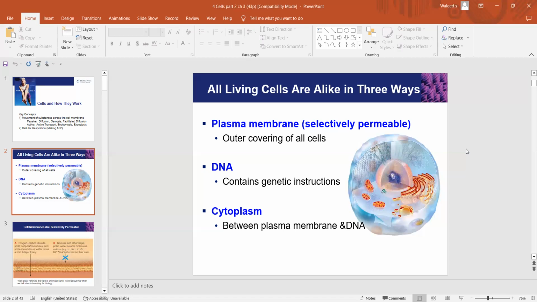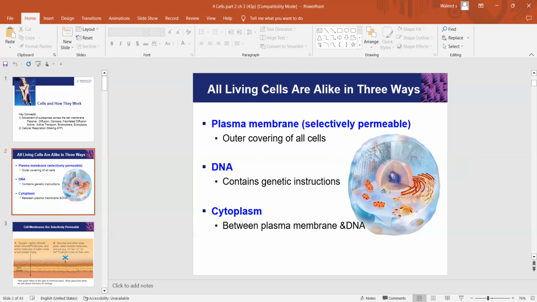You don't have permission to go. How about freely permeable? Anything can go in and out? Still no. It is selectively permeable. There are selective things that have the permission to go in and out. The membrane chooses what goes in and what goes out.